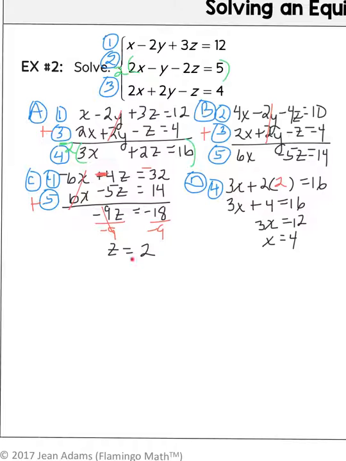So now I have 2 of my 3 unknowns. I can go all the way back to the original and plug in the x and the z to find the y. So this is the only equation where the x and the z are both positive, which makes it the easiest to plug into. So I think I'm going to plug into equation 1.